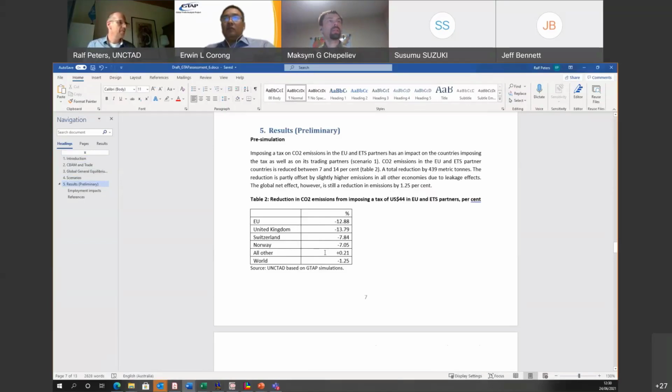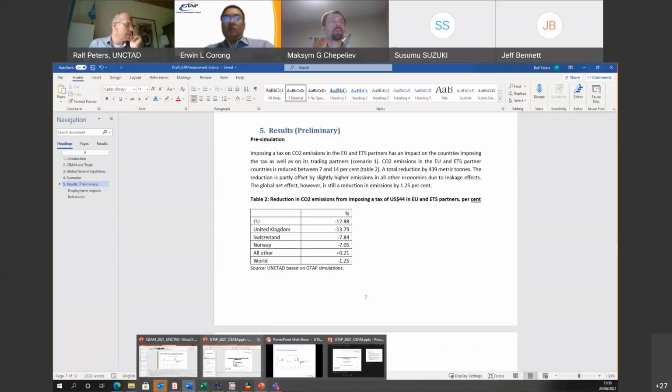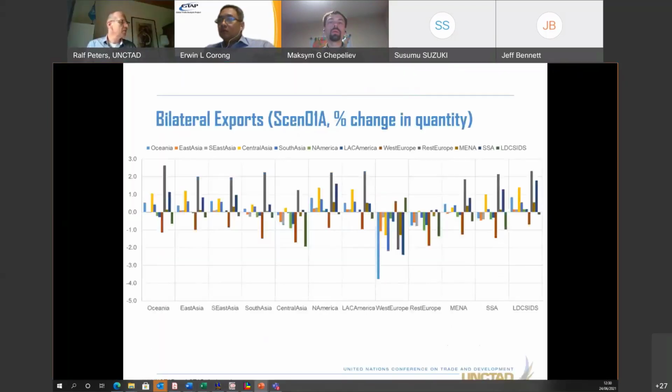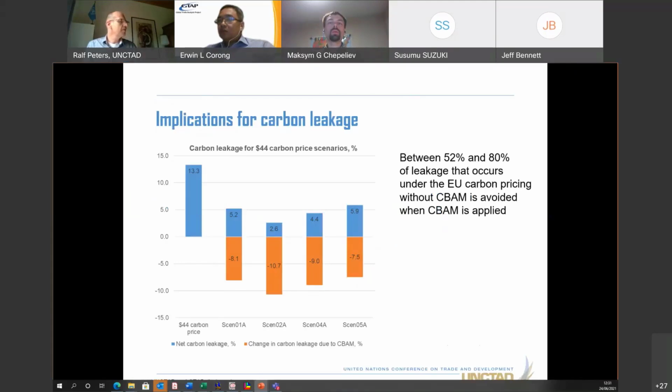Sorry, Ralph, but we have a slide with leakage, or is it the question about regional distribution of leakage? Yes, I can show the slide again, but if I understand correctly, the question is what this 13 is. Yeah, this is the leakage, 13%.